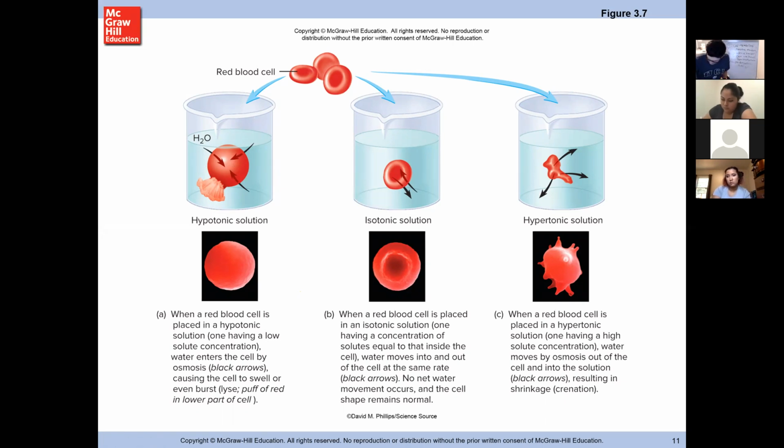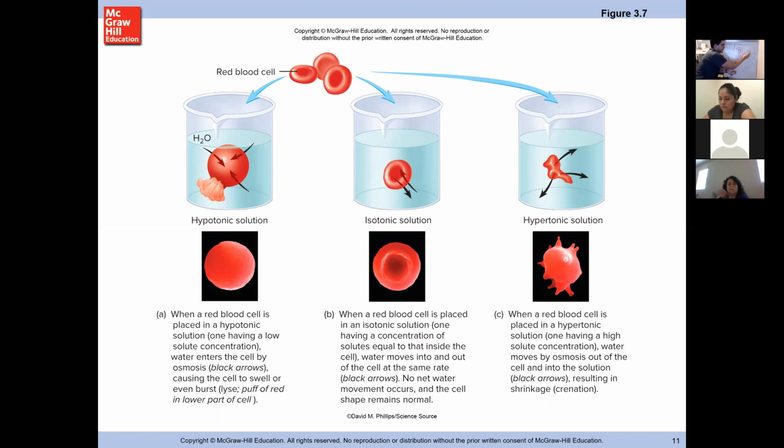So if we do a quick example here, say we've got our cell here that has a 5% salt concentration, and the environment out here has something like a 2% salt concentration.